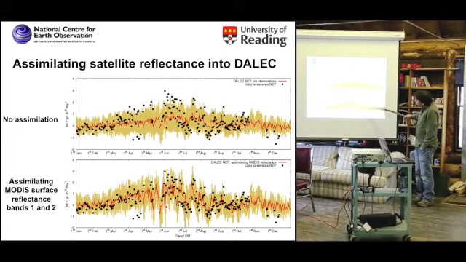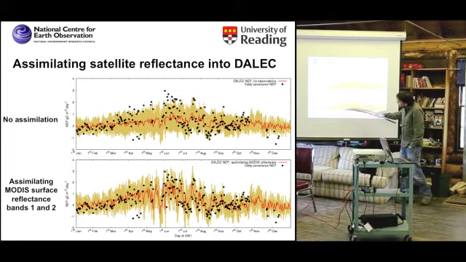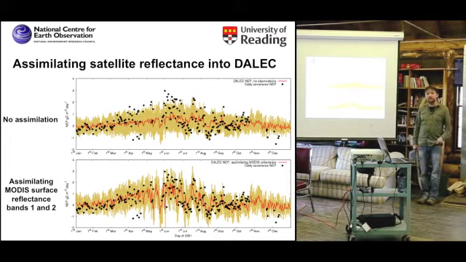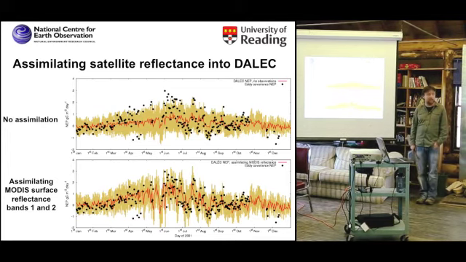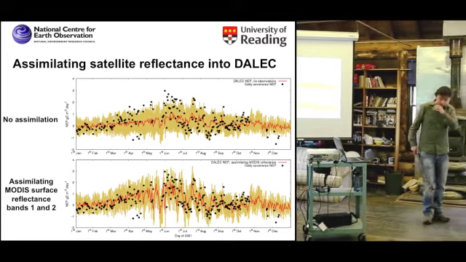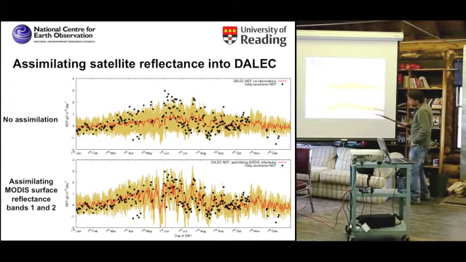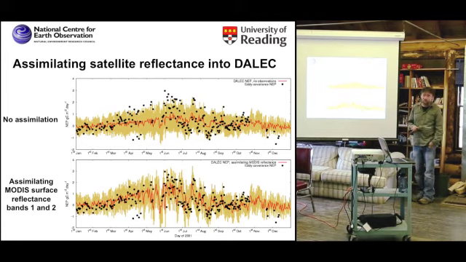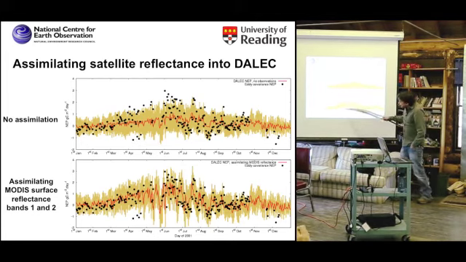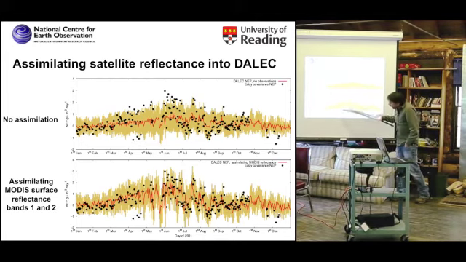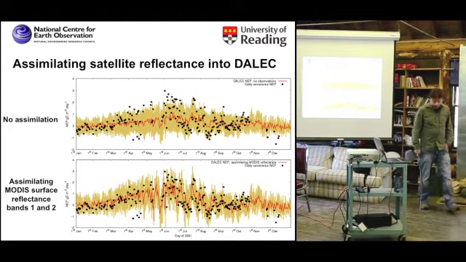And the nice thing is that we get the day-to-day variability in our NEP much better than the model without any data assimilation into it, which, you know, in many ways was quite a surprising result. But there's a really important thing I want to bring out about this. There are things like this group of dots here that we just don't capture.